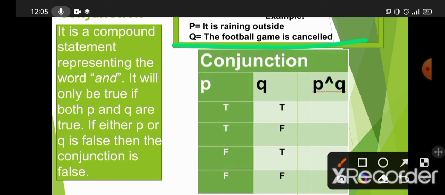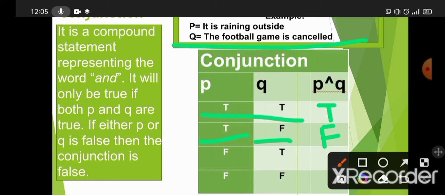So P and Q here are both true, so it is true. And in the second, we have P is true and Q is false. So it is false.